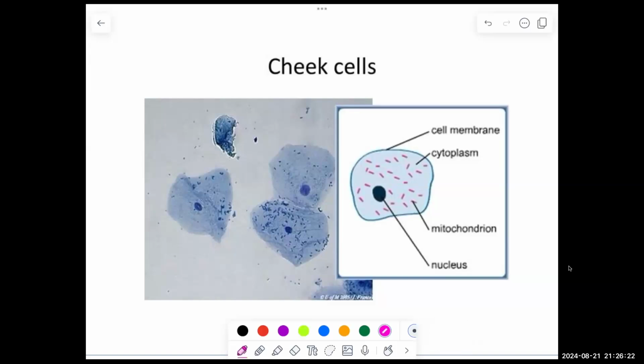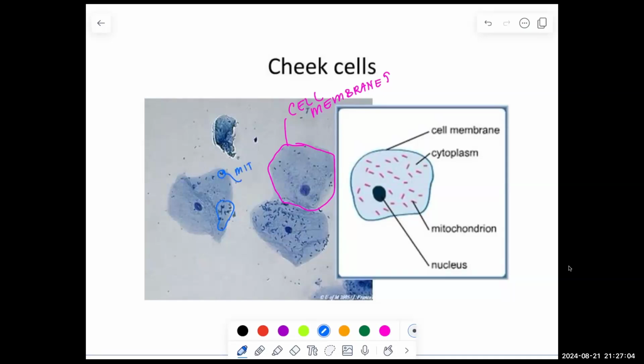For starters, human cells do not have a cell wall. Animal cells do not have cell walls. They have specialized barriers that are called cell membranes. Okay, don't call them a cell wall. Inside the cell membrane, there's a few things we can see here, starting with the little dark things.